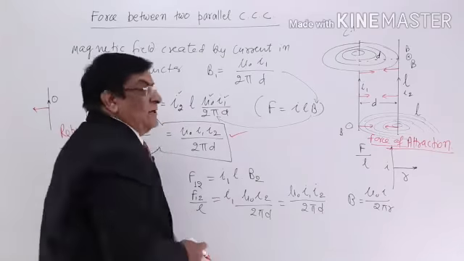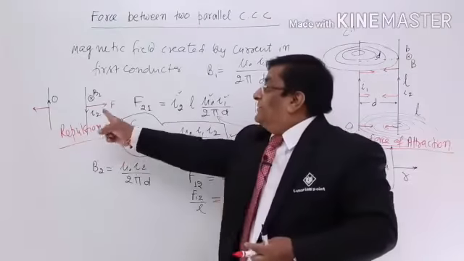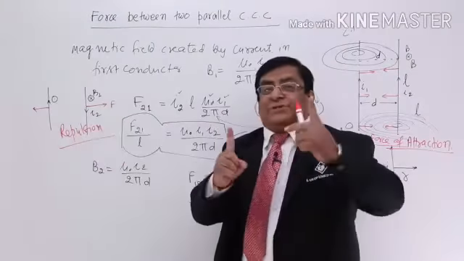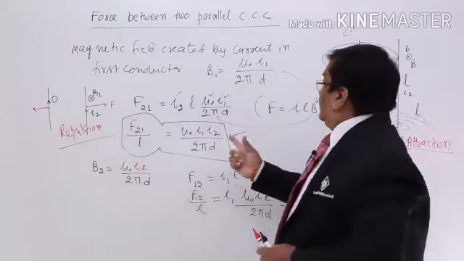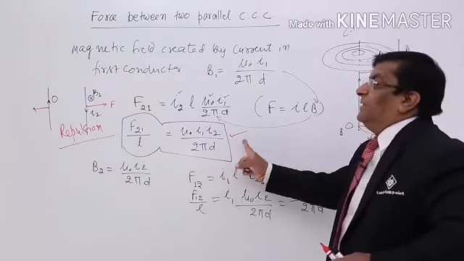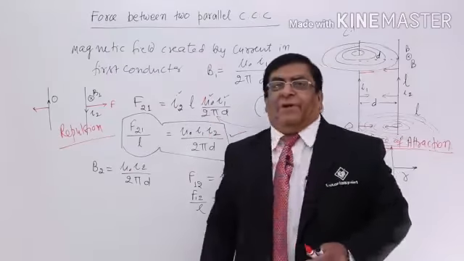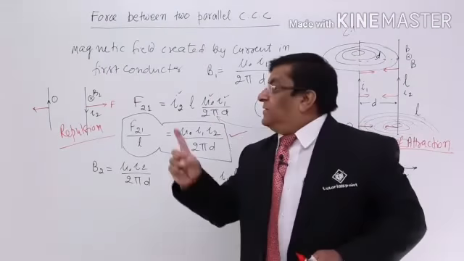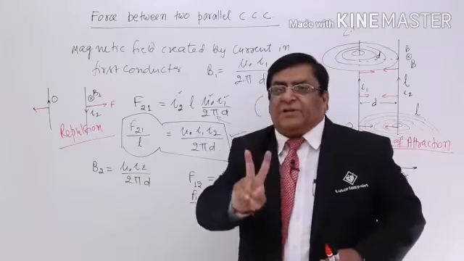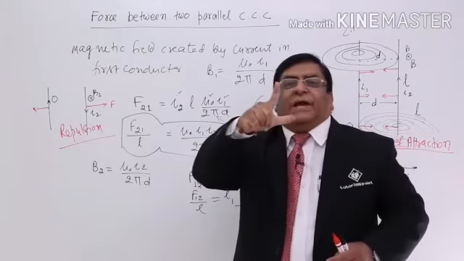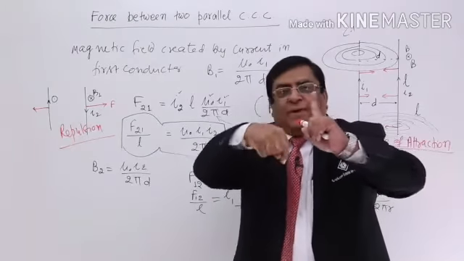If there are two conductors in which the current is flowing opposite to each other, then there will be a force of repulsion, and that repulsion, again the force will be this, only the direction will be different. So please remember, attraction, repulsion, same direction of the current or opposite direction of the current, this way, right?